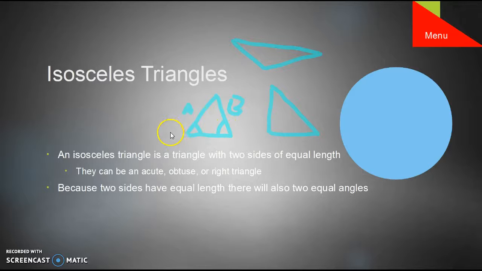So, let's say angle X and angle Y. For every side A that has an angle X, if A is equal to B, then X is equal to Y. And that's true for all isosceles triangles.